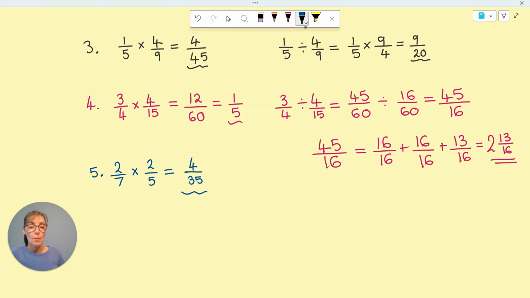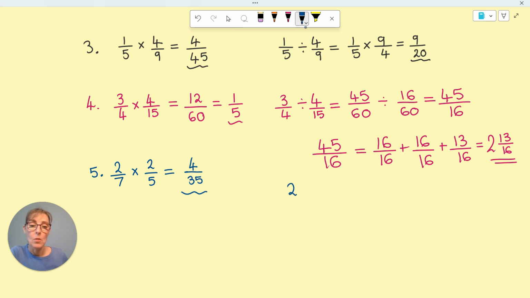I can't simplify that because the factors of 4 are 1, 2 and 4. And I know 1 fits into 35, but 2 doesn't because it's an odd number, and 4 doesn't because all multiples of 4 are also even.